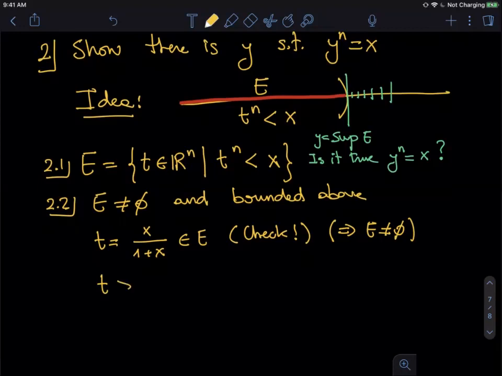And then we need to show that there is an upper bound.